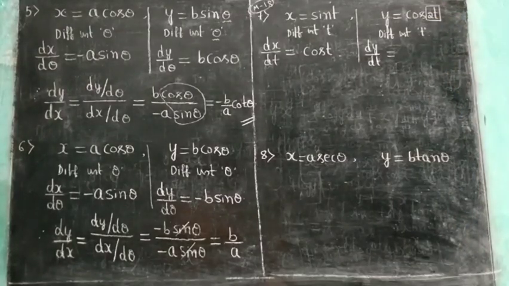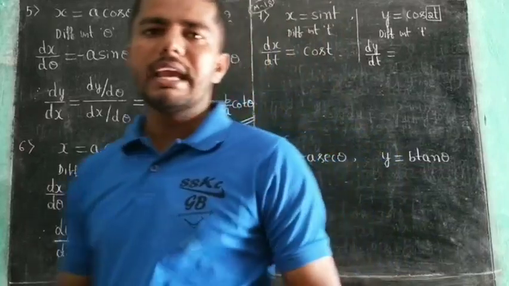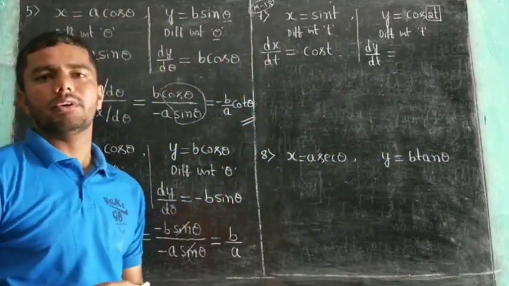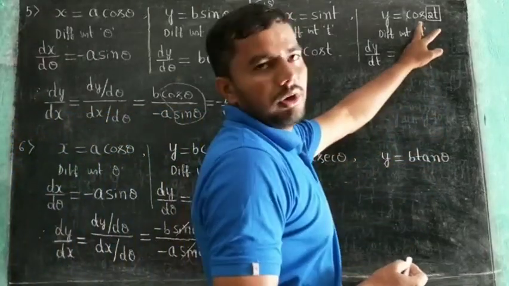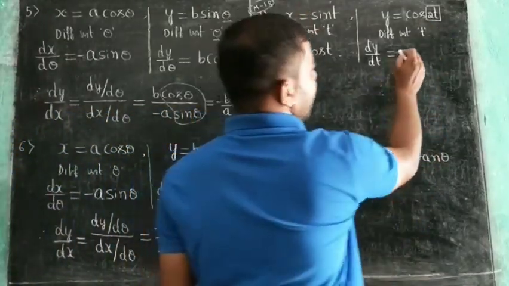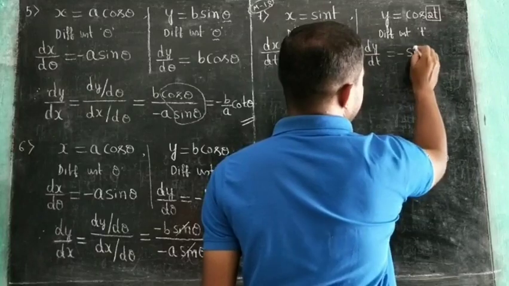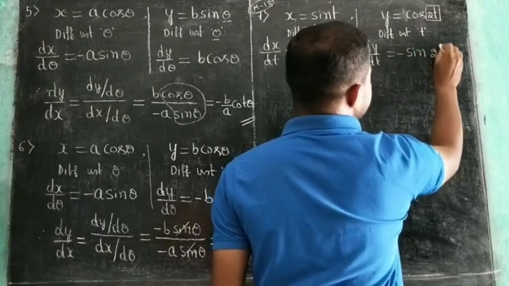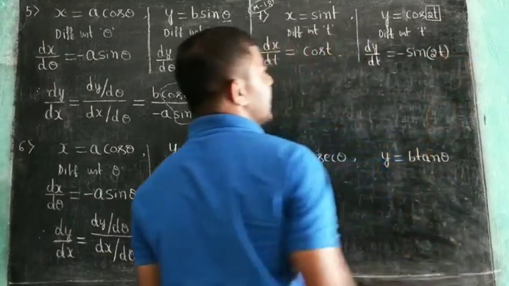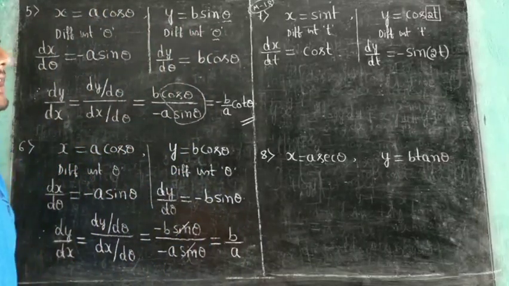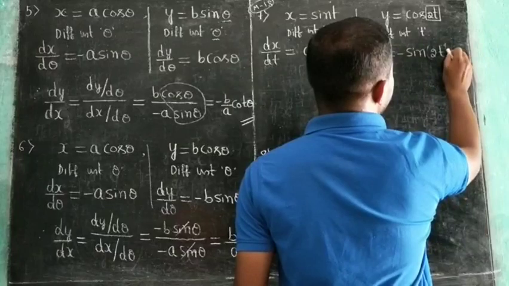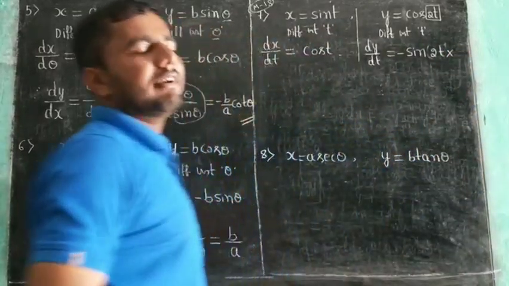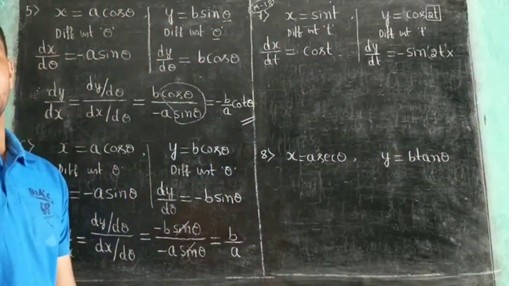The derivative of cos dabba is minus sin dabba into d by dx of dabba. So minus sin dabba is nothing but minus sin 2t into d divided by dx of 2t.